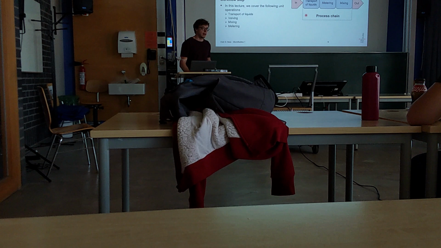In principle, you have something that you put into your system and something that you get out of your system. And the process chain covers all the steps that are necessary to come from your input to your output of your system. It's displayed here, and I will do 2 examples together with you on the next 2 slides so that you get an impression of what it really means.